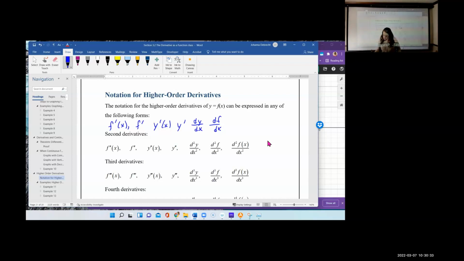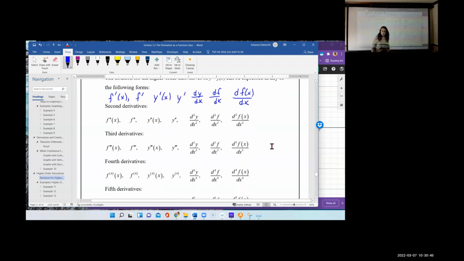Or, let's see, what else do we have? d f of x by dx. All right. So we have these values for the first derivative up here.